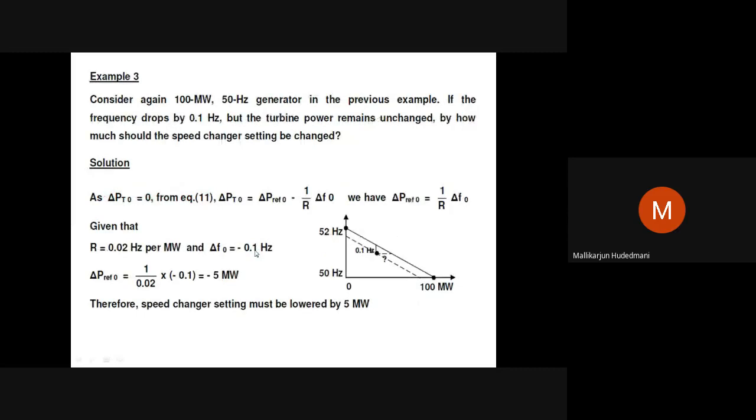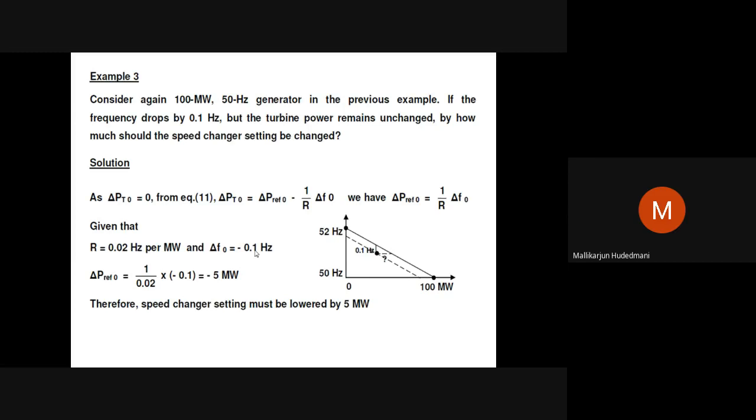Then, see another problem here. Consider again a similar 100 megawatt 50 hertz generator. If the frequency drops by 0.1 hertz, but the turbine power remains unchanged. See the context here. Turbine power remains unchanged.